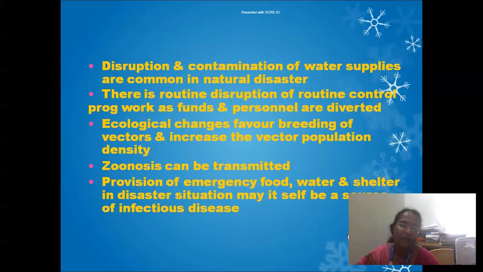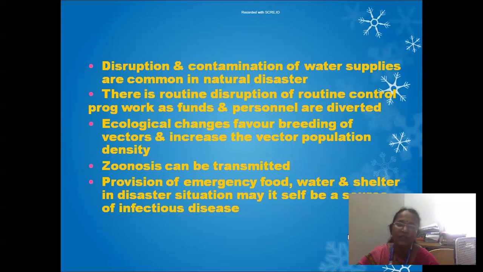Disruption and contamination of water supply is very common in natural disaster. So there is disruption of routine control programme work as funds and personnel are diverted. Ecological changes favor breeding of vectors, which increases the vector population density.